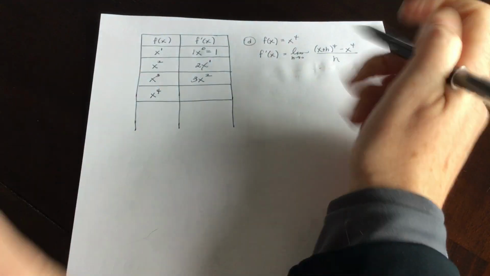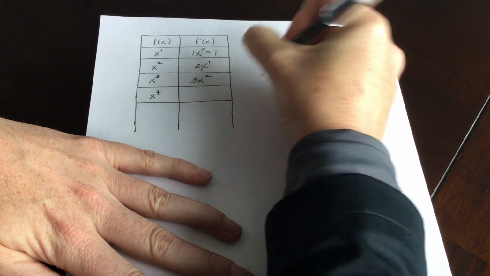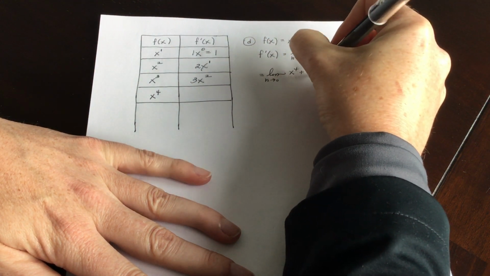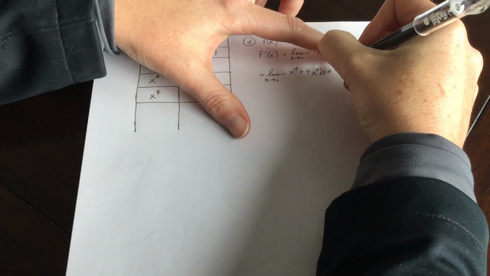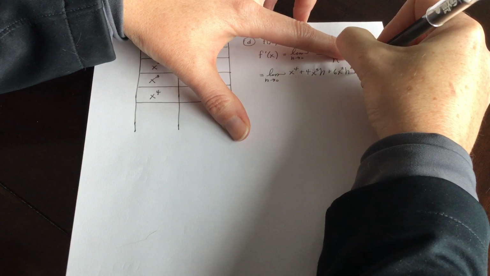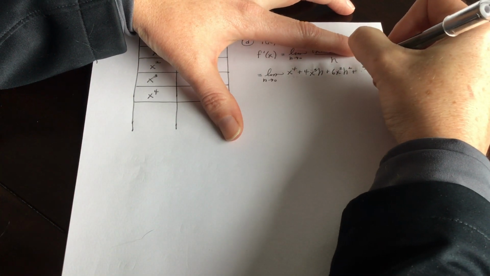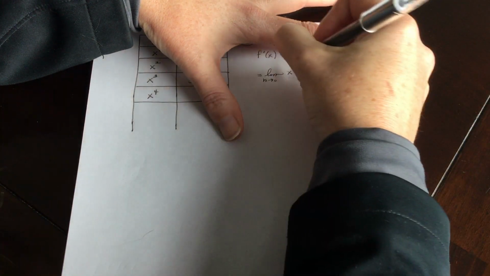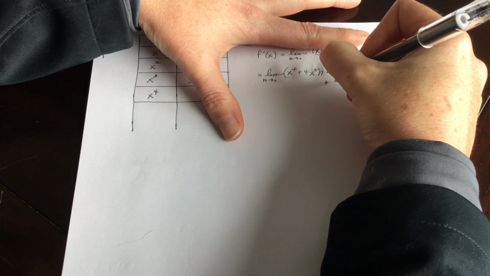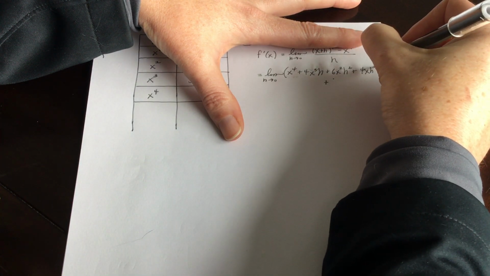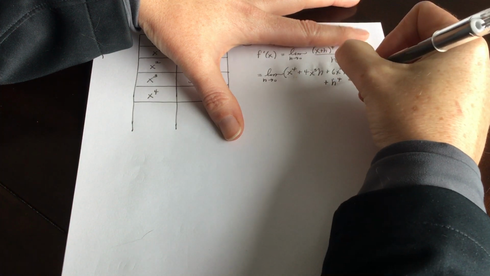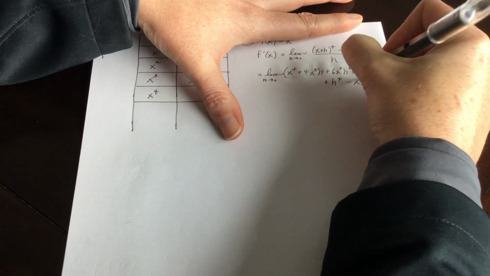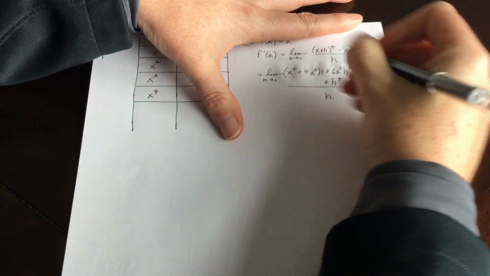Equals the limit as h goes to 0 of x to the 4th plus 4x cubed h plus 6x squared h squared plus 4x h cubed plus h to the 4th, minus x to the 4th, all over h. That is not a good way to write that, just so you know.